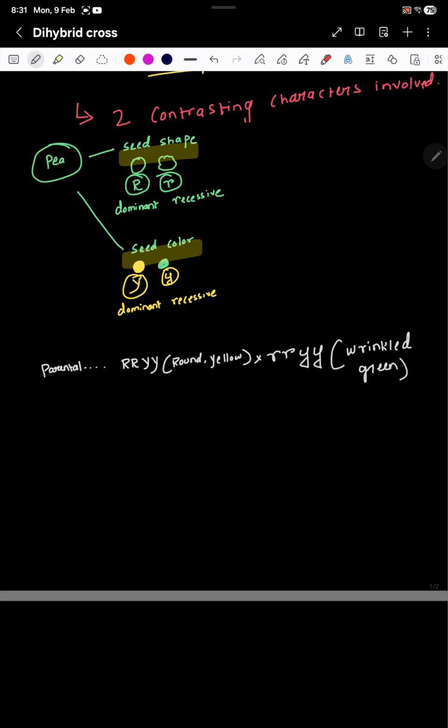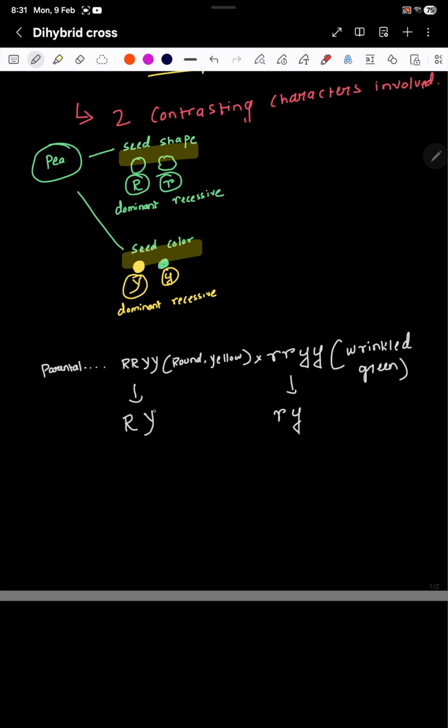So what gametes did he get? The gametes he got were, from capital R, capital R, and from capital Y, capital Y. From the other parent, he got small r and small y as gametes.